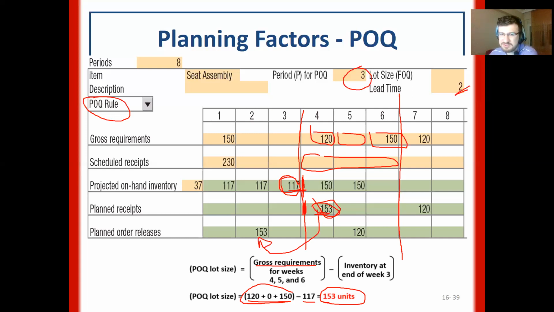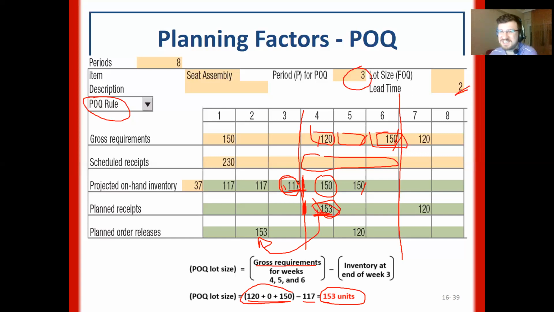Then I'm going to use this one and this inventory to meet this requirement. The ending inventory will be 150 at the end of week 4. No requirement at week 5, so still the same inventory. And in week 6, I have exactly what I need because this number was considered to determine this order size, right?